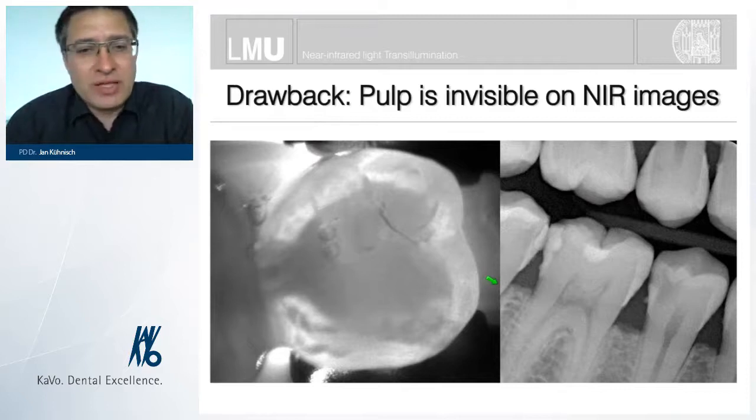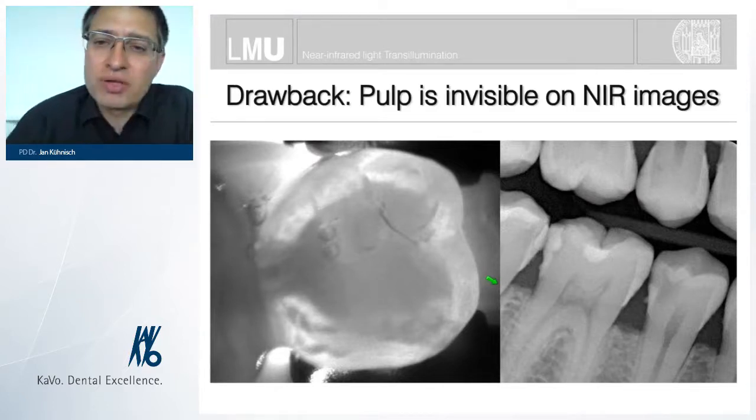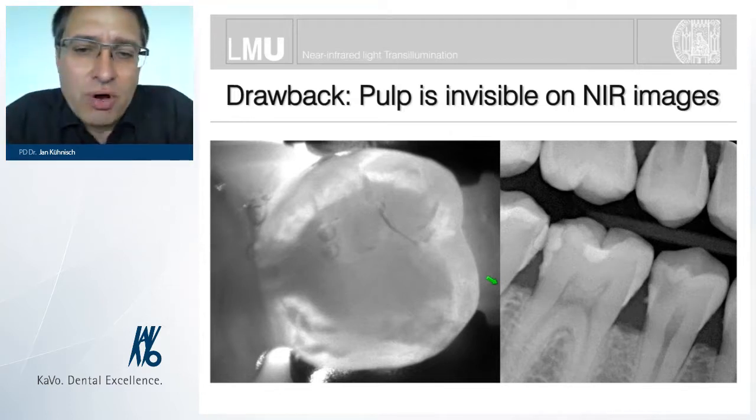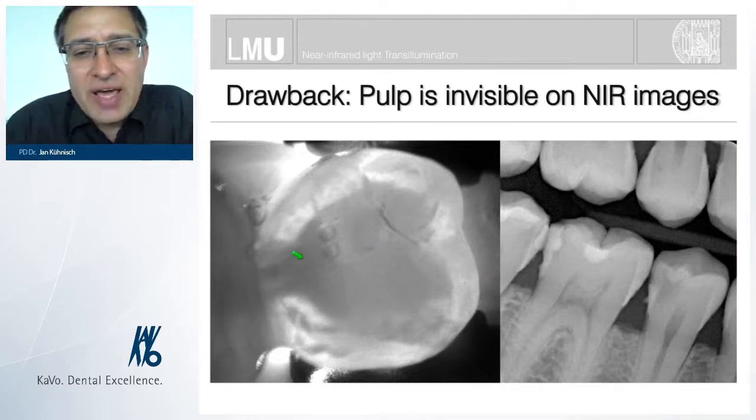I would tell you at this point a small drawback, or an important drawback, which we should evolve: it is impossible so far to visualize the dental pulp with this technique, and this means we can detect a caries lesion.